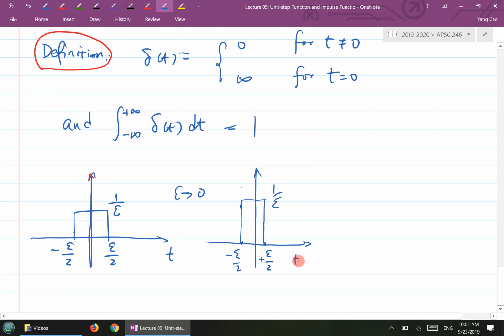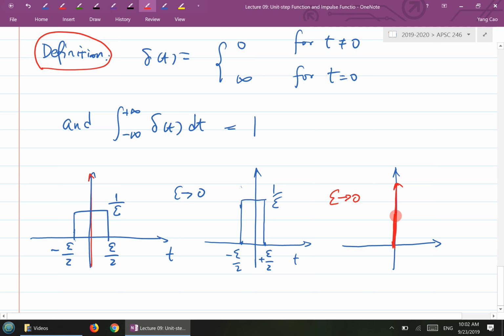And as epsilon goes smaller, infinitely approaching 0, you won't be able to tell anything at all at the bottom because the bottom length will become basically 0. And then the height will become what? Infinite. So we will draw an arrow pointing up, representing this scenario as epsilon goes to 0.